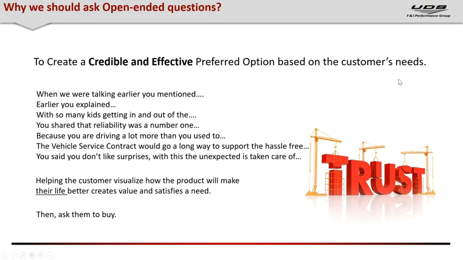Helping the customer visualize how the product will make their life better creates value and satisfies a need. So if I find out that a customer uses their vehicle on the weekends to haul kids around to games and things like that, I can say, I'm a little surprised, Mr. and Mrs. Customer. You picked the paintless dent removal, but earlier you talked about how you use the car to get the kids in and out at baseball practice.